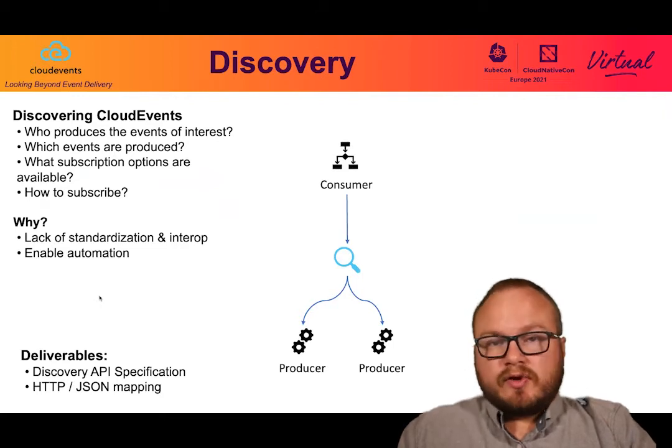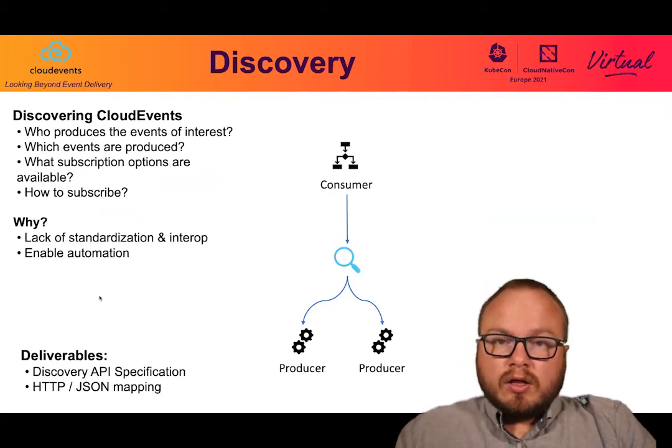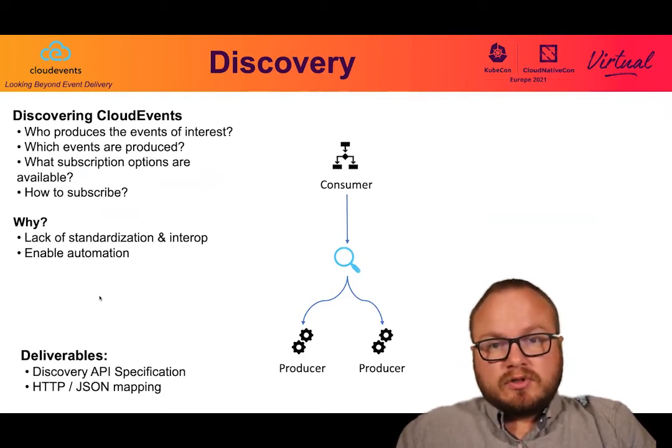So you always find yourself digging into their documentation, and for each new system, you have to dig into the documentation. The Discovery API of CloudEvents aims to solve this by having one way of questioning the different events and getting the result on how to subscribe to them.